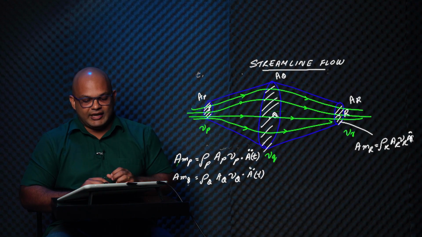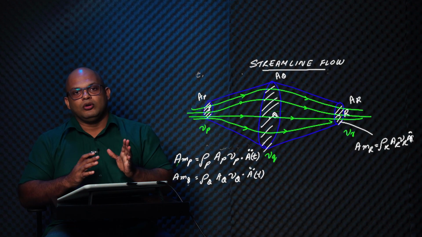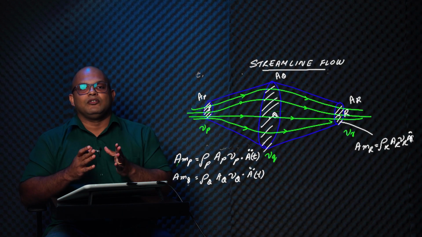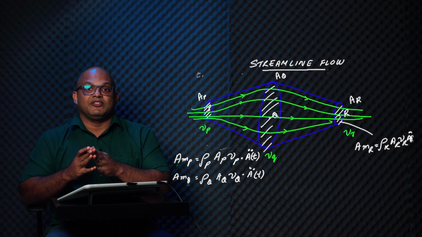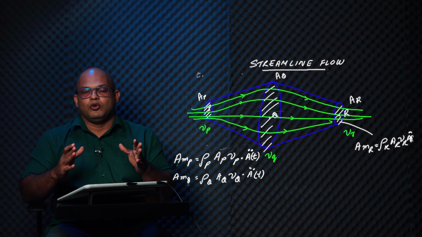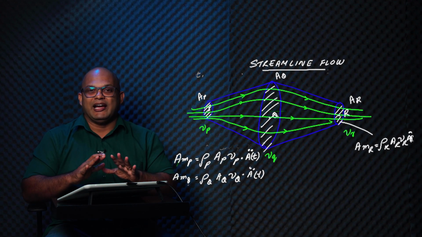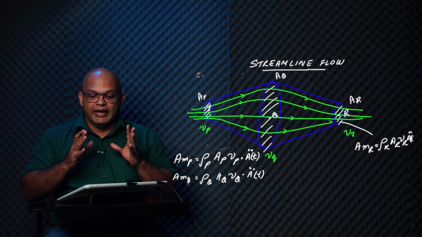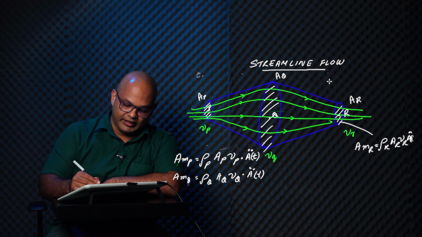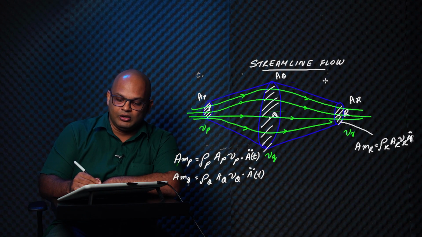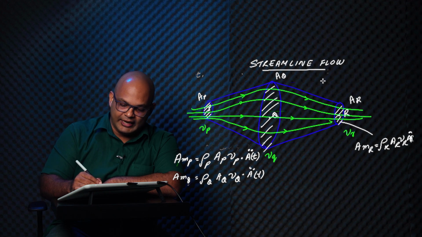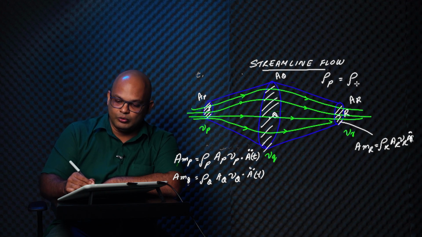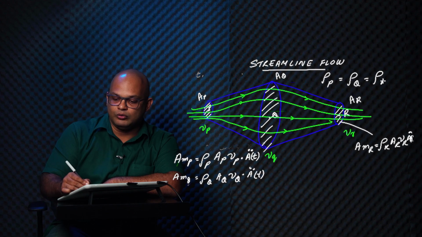We will notice that as the water is flowing through all of these three cross sections, if the water is not compressible, for normal pressures we consider water to be an incompressible fluid. In that particular case, we will say that the density of the fluid at any of these points, that is rho p is equal to rho q is equal to rho r.